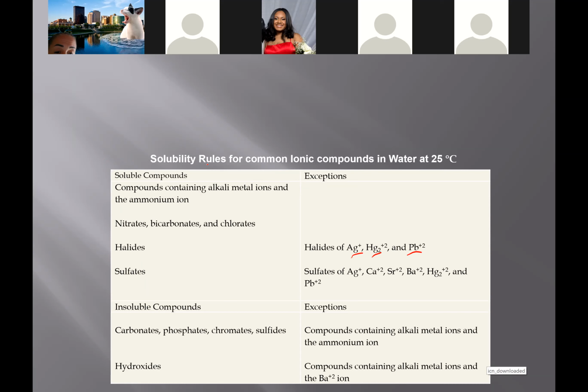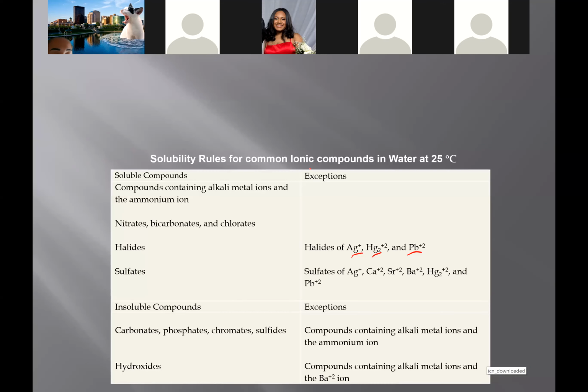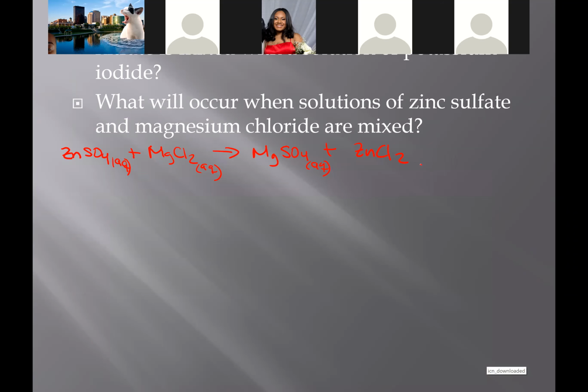Yeah, I changed my answer. Because it's a sulfate. It's a sulfate. That's why it's soluble. Okay, final answer? Soluble. Thank you very much. It is soluble. What about zinc chloride? It's soluble, because it's a halide. Exactly, because it's a halide.